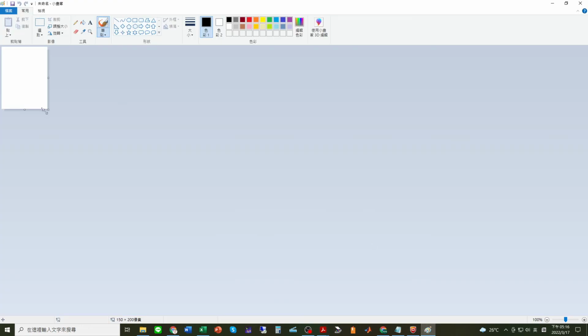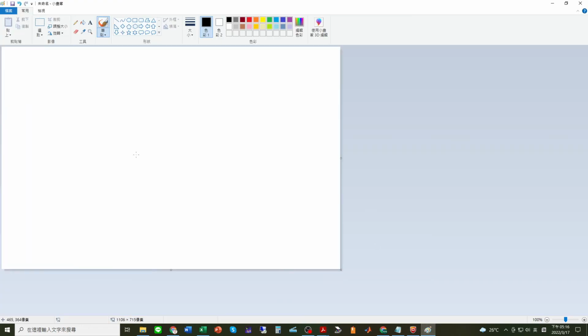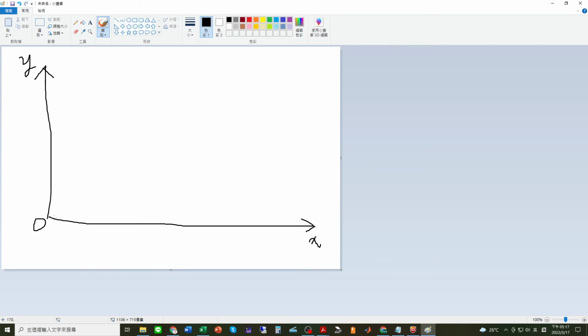Okay, for example, it is the x-axis and it is the y-axis. So what is the linear scale? It is the origin, it's the straight line.